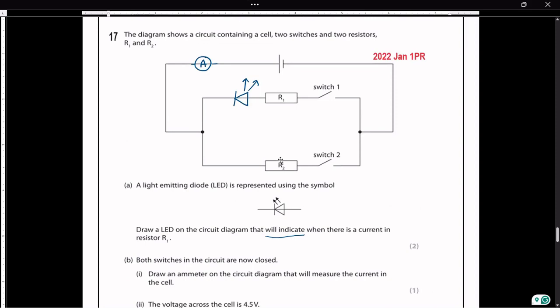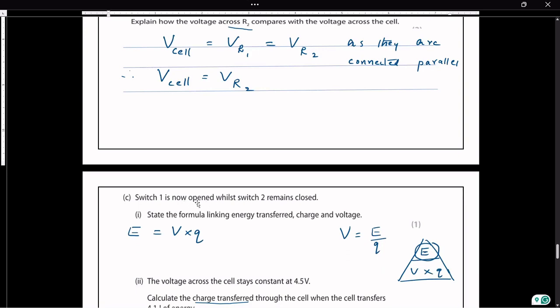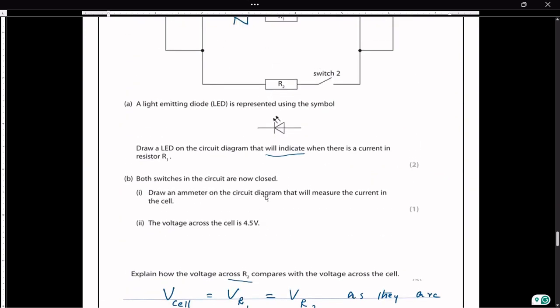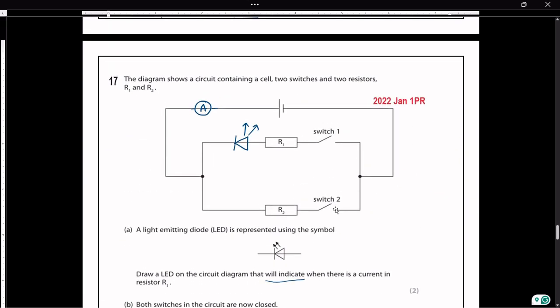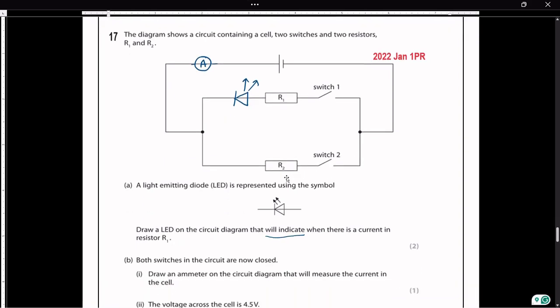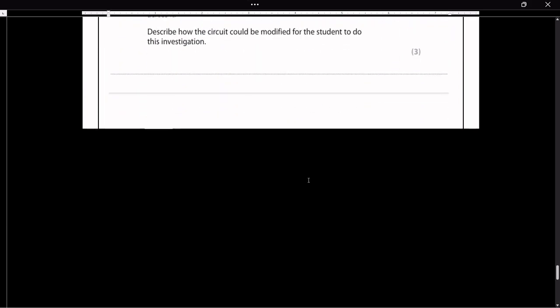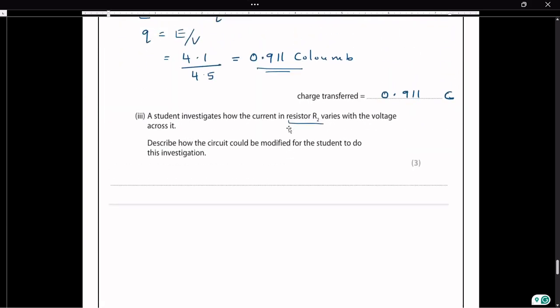This is branch R2, and here they said switch S1 is open and switch S2 is closed. S1 open means no current is flowing through S1. Now the current is flowing through only switch 2. What modifications does the student have to make in the circuit for this investigation?